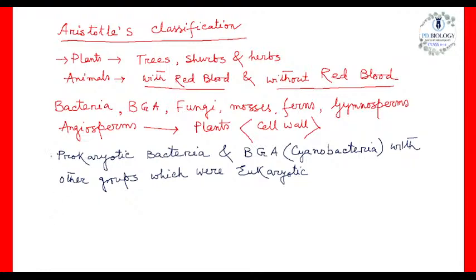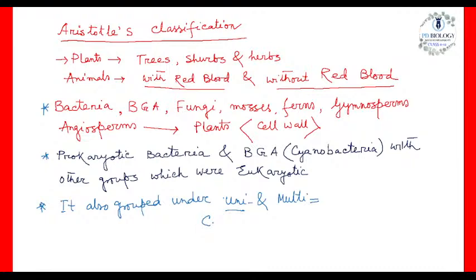It also grouped, that is, Chlamydomonas and Spirogyra are placed together under algae. So Chlamydomonas and Spirogyra, they are under unicellular and multicellular group.